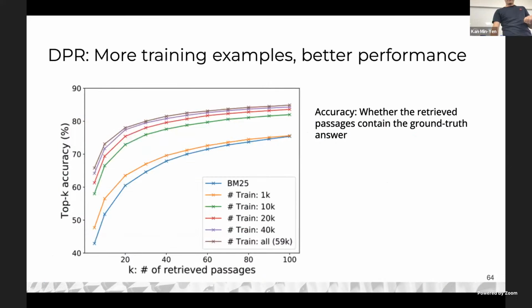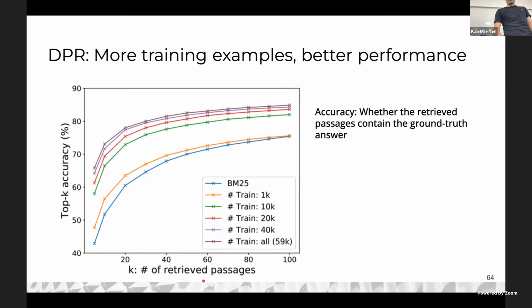And so this is the figure from the DPR paper, and some concepts here. The top K accuracy refers to the number of retrieved passages, because when we do retrieval, for example, we retrieve from a corpus made up of 10,000 documents, then we can't use all of them, right? But usually people just use top 5 or 20.